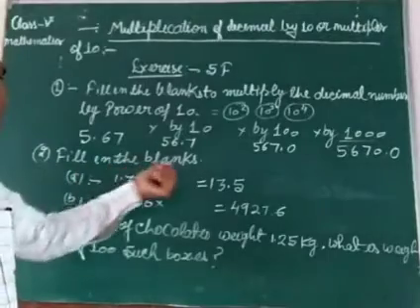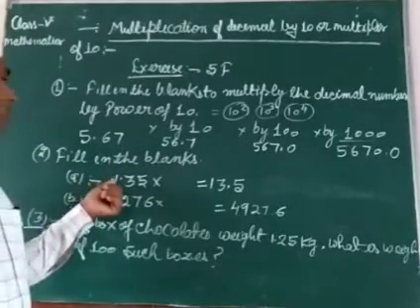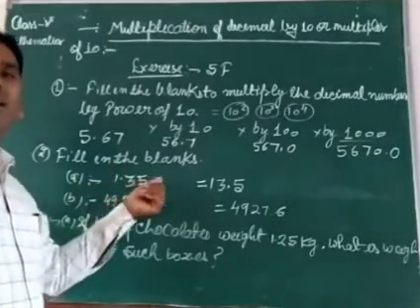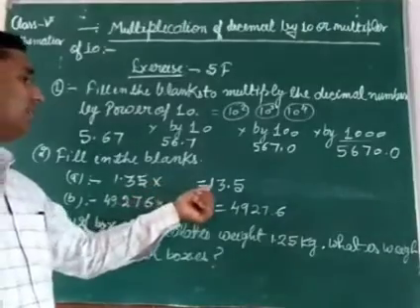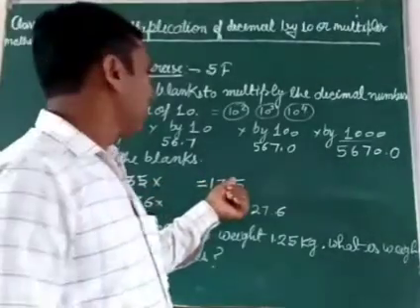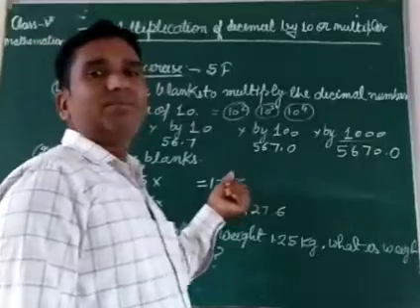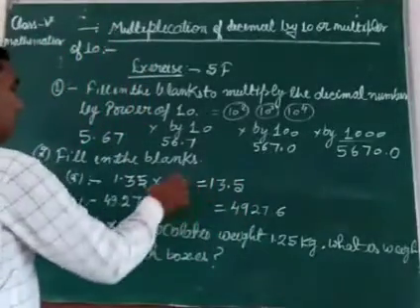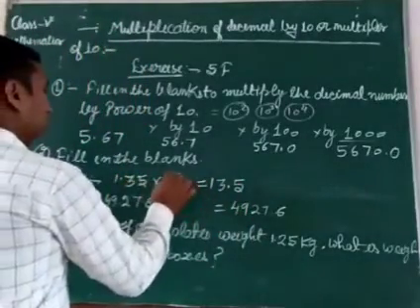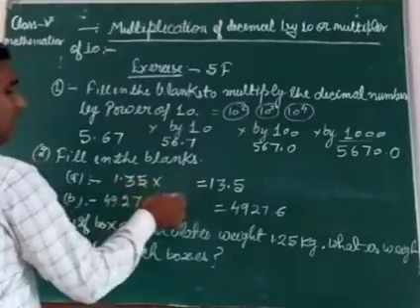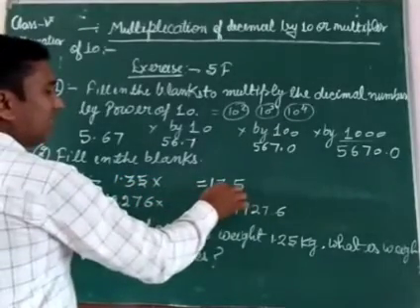Fill in the blanks. 1.35, by what number will you multiply so that the answer will come 13.5? Here 1.35 and the answer 13.5.